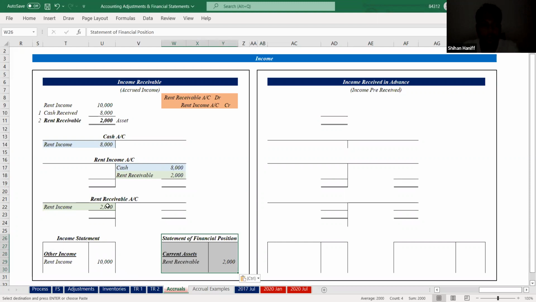We have to take receivable 2,000. This is what you need. How much goes to the income statement and how much goes to the SOFP? 8,000 plus 2,000.